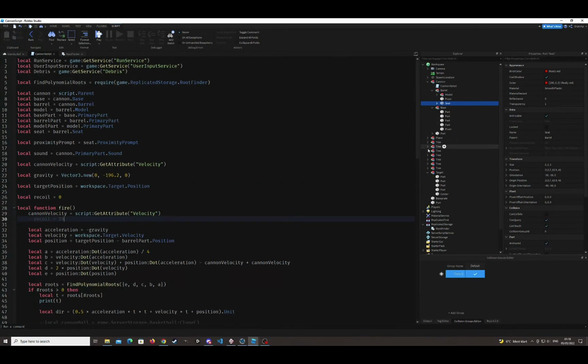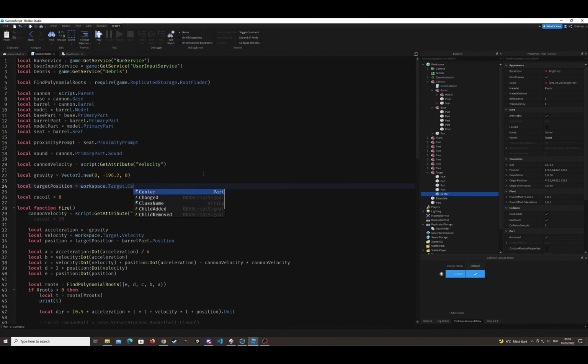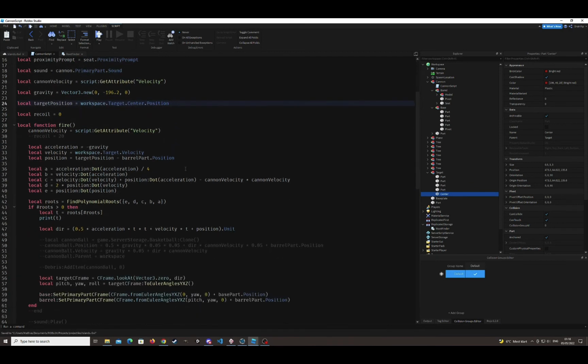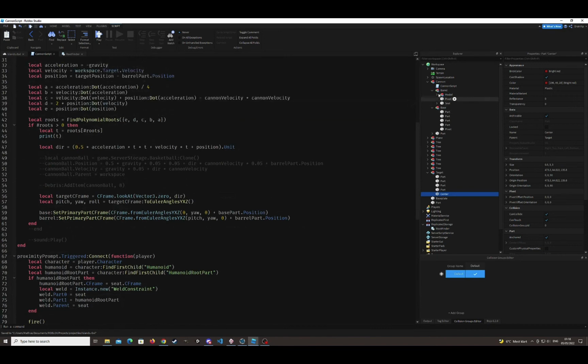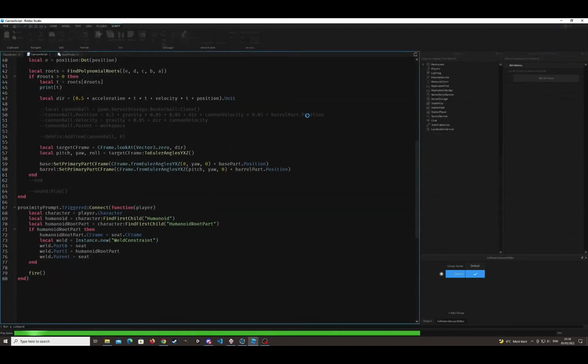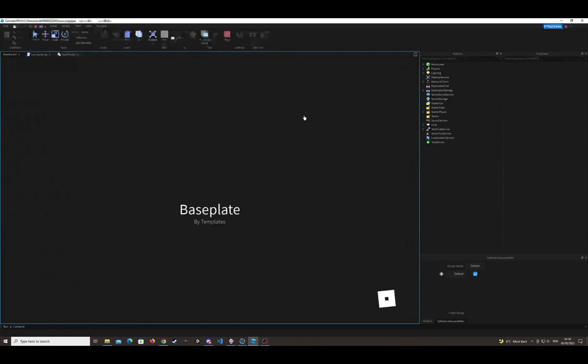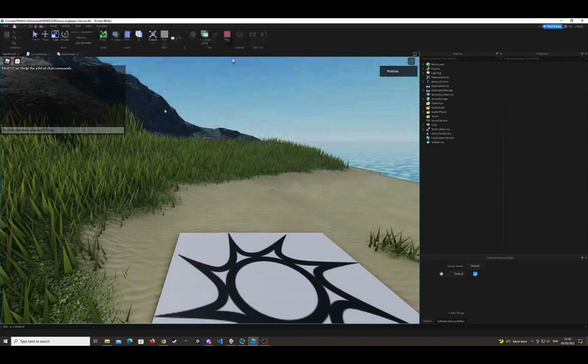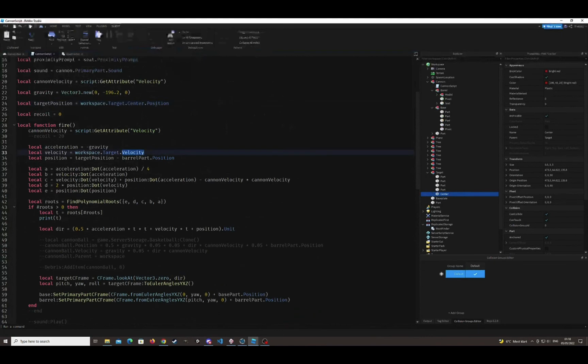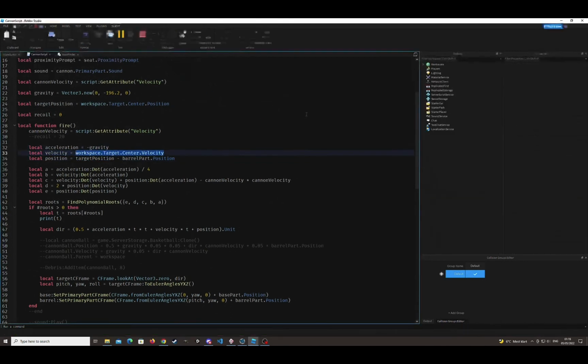So we could say we have our target dot center. So we could say workspace dot target, that actually works, dot center dot position. But you could also access workspace dot target dot velocity. Right, yeah. And this would just be 0 again.